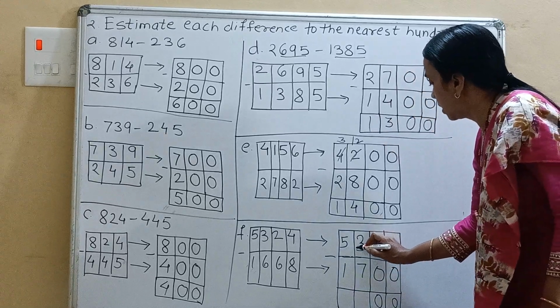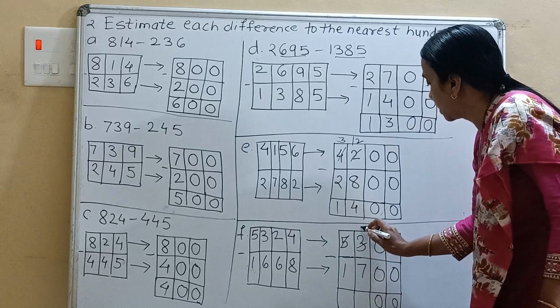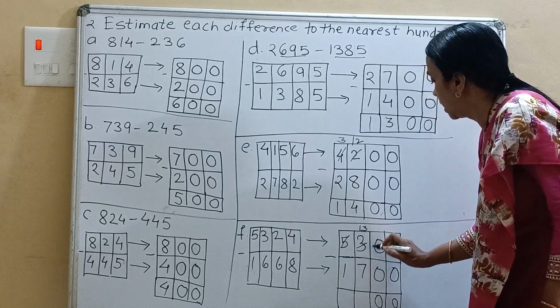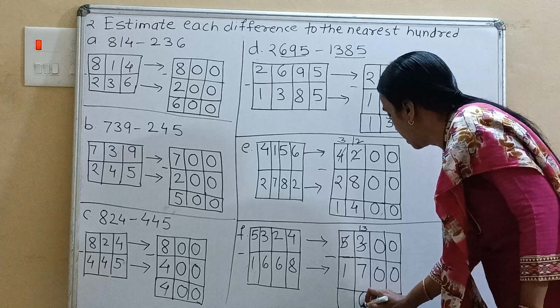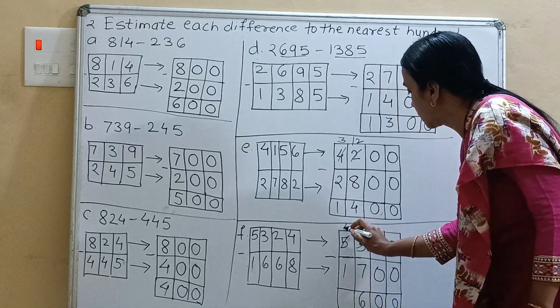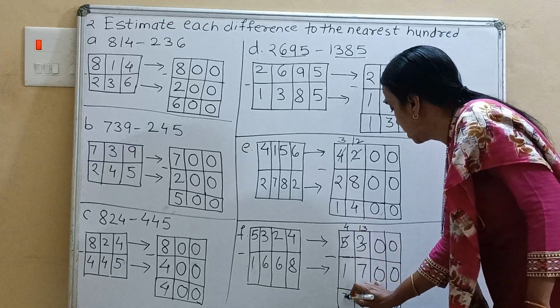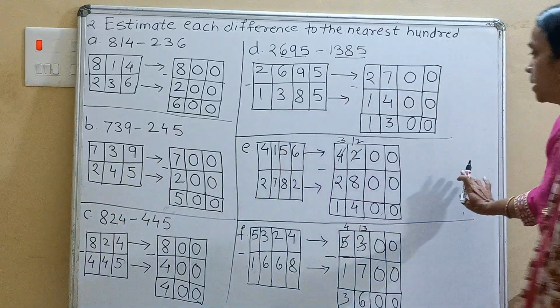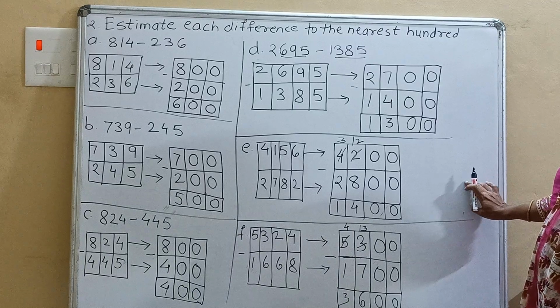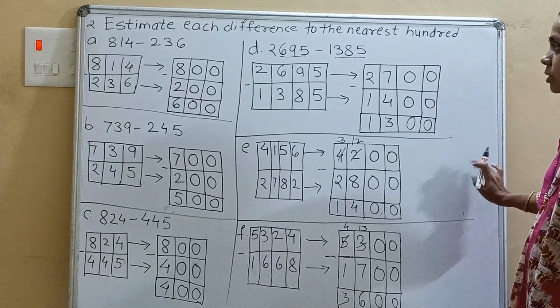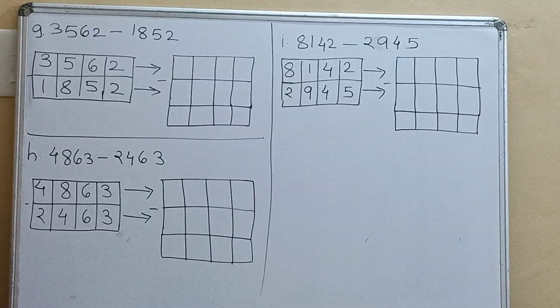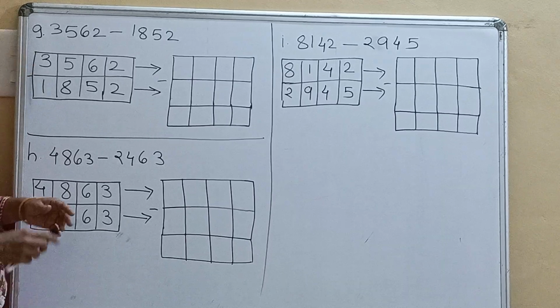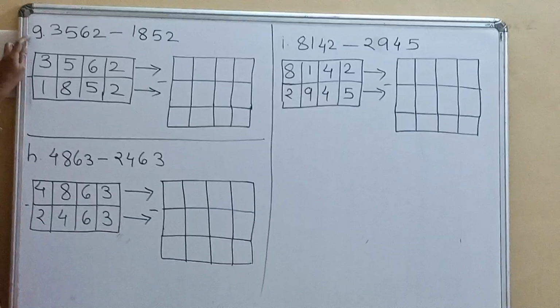Is it possible? No. So take 1 from this part and write down here 13. 13 minus 7, how much? 6. 5 minus 1, 4. 4 minus 1, 3. So what is our answer? 3600. So complete this question in your notebook. Now see G question.